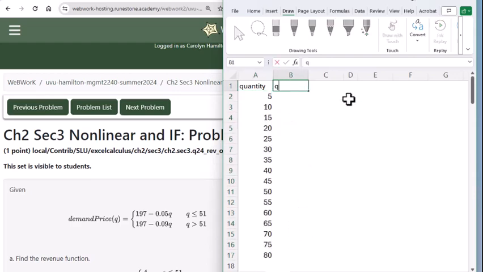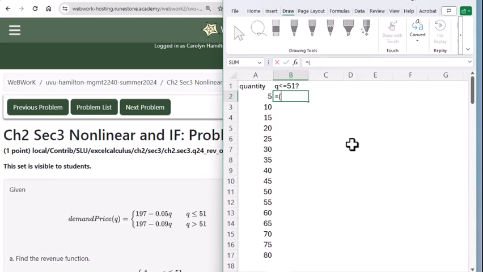Here's my first question. This is a logic question. Is the quantity less than or equal to 51? That's either a true statement or a false statement, and I can calculate that value.